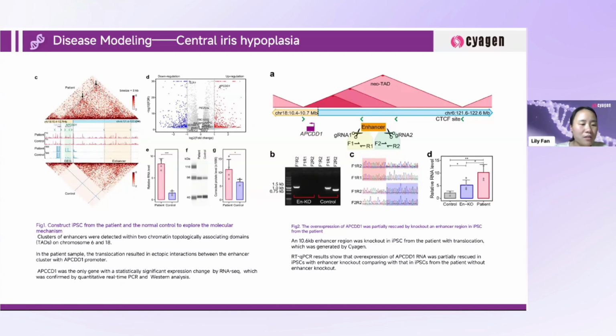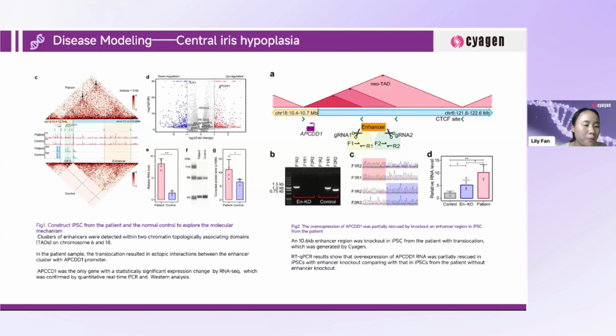Clusters of enhancers were detected within two chromatin topologically associating domains on chromosome 6 and 18. In the patient sample, the translocation resulted in ectopic interactions between the enhancer cluster and the PRDM1 promoter. PRDM1 was the only gene with a statistically significant expression change by RNA-seq, which was confirmed by RT-PCR and Western analysis.